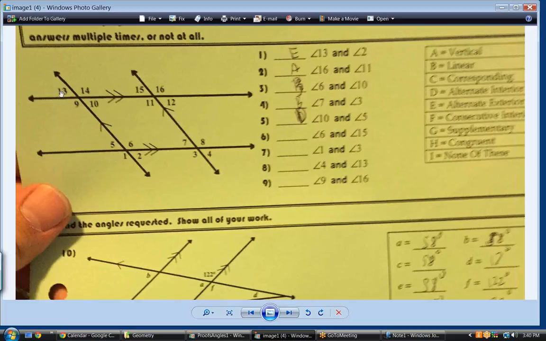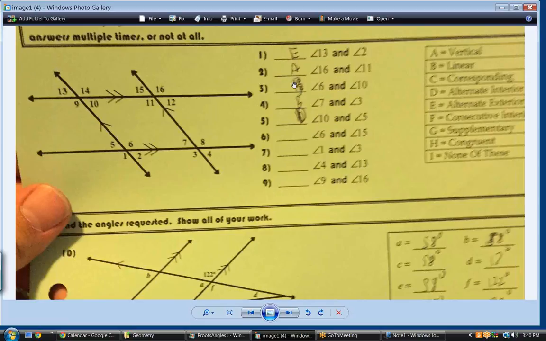Alternate exterior, okay? Number 2, 16 and 11. I presume you'd like me to check these. Vertical, yeah. Correct. Number 3, 6 and 10. There's 10, there's 6. That's consecutive interior, which is F. Okay.